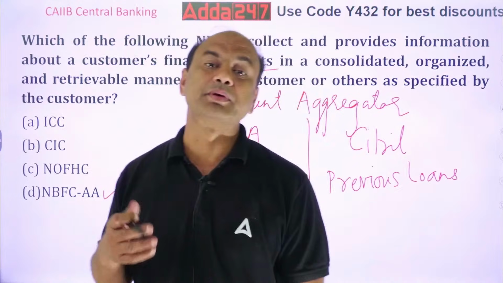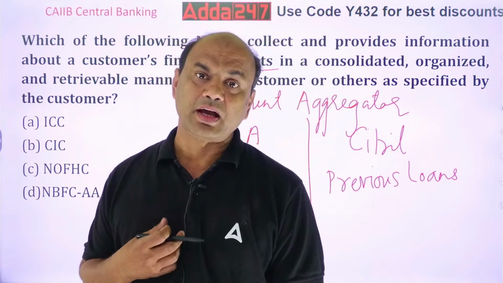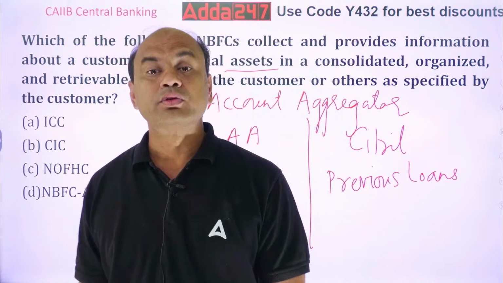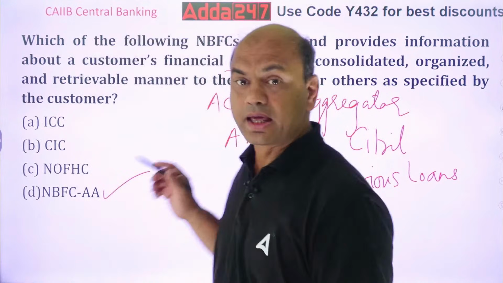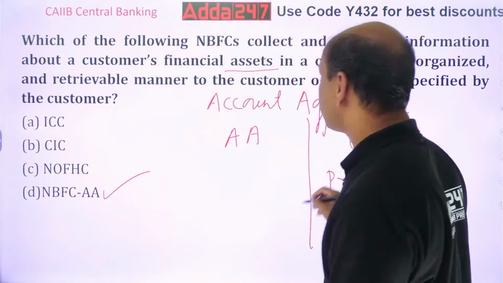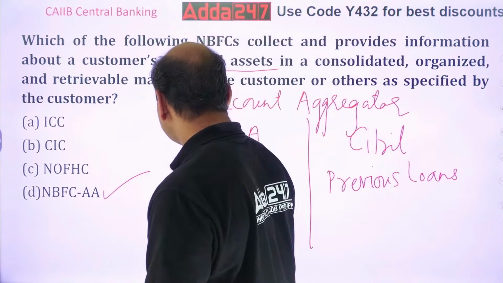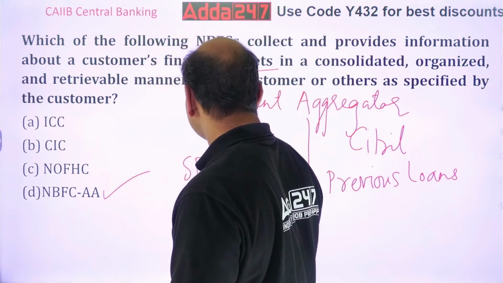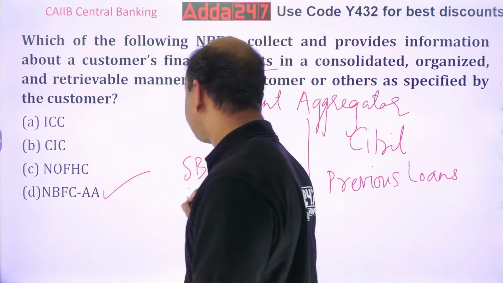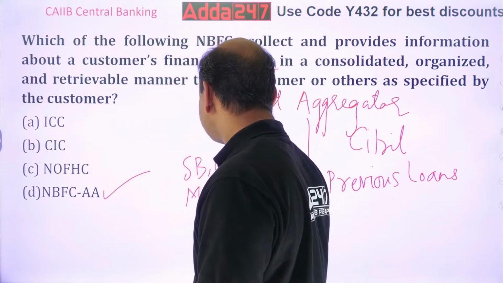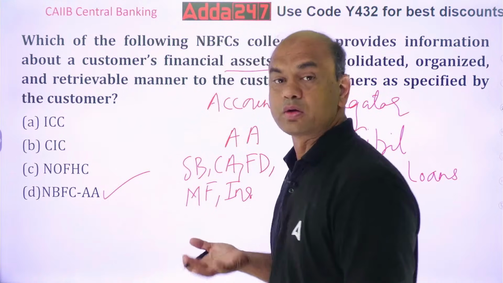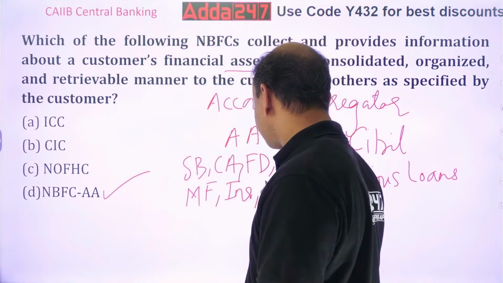I am not only a person who is dealing in loans. I will be having a savings account, current account, FD. So, the account aggregator will carry the information of all these concepts: saving, current, FD, then your MF, then insurance, then your loans.